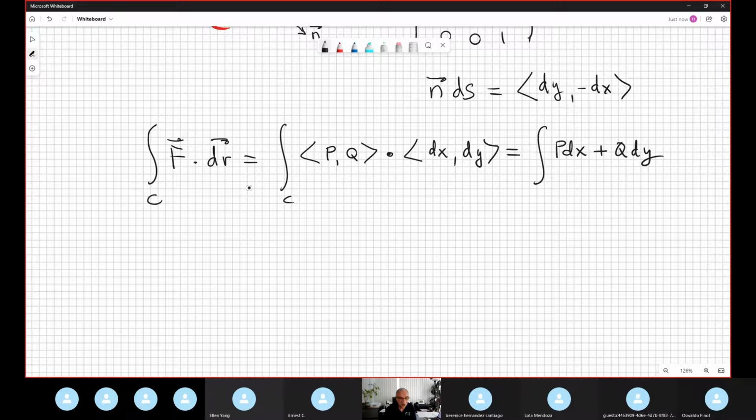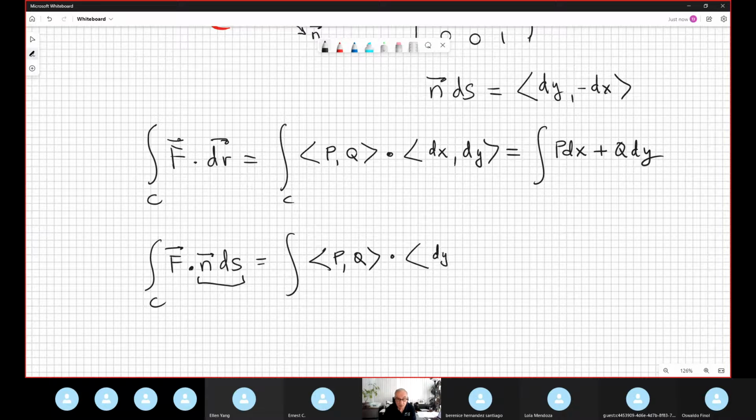However, in the flux integral, you have this new situation, F dot n ds. Well, we have a vector field again, P, Q. Dot product, and now this vector I proved mathematically is dy, minus dx.